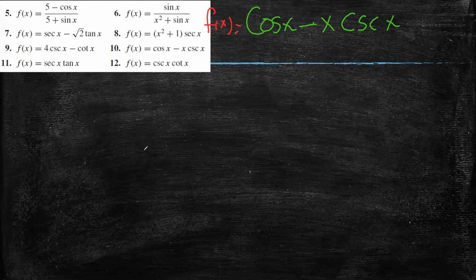So f prime of x is, what is the derivation of cosine? It's negative sine, minus, so I find the derivation of the first term minus the derivation of the second term.